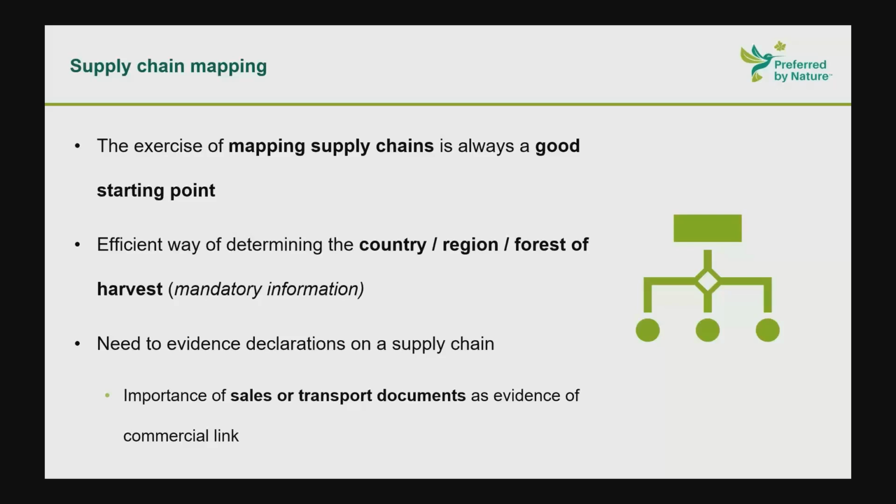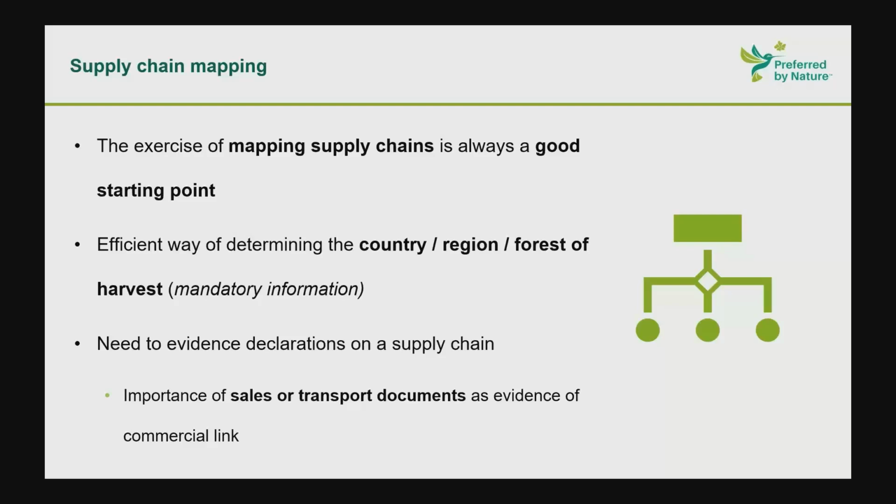And it's also important to have faith and trust in your supply chain. So this is why backing up declaration on supply chain with, for instance, sales and transport documents as evidence of commercial link is quite important. It might not be there to evidence a risk of illegality.